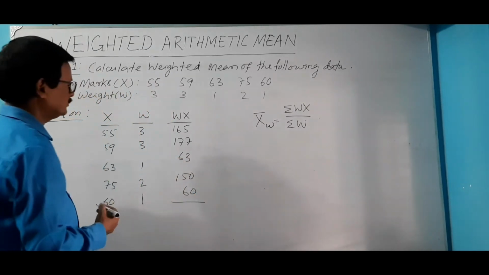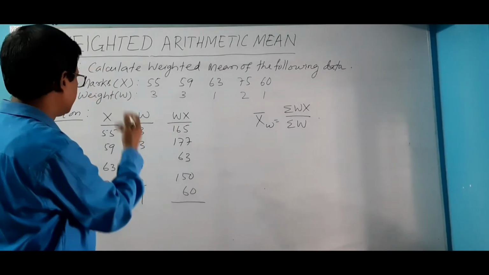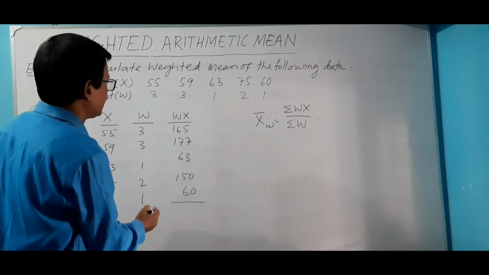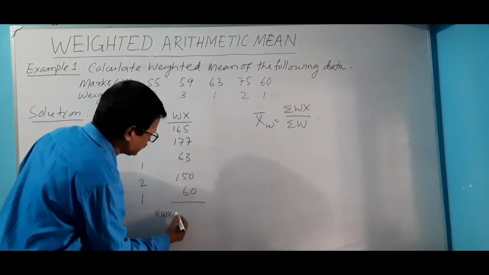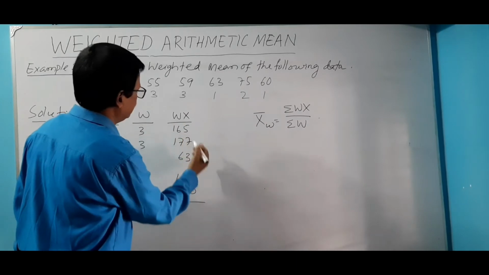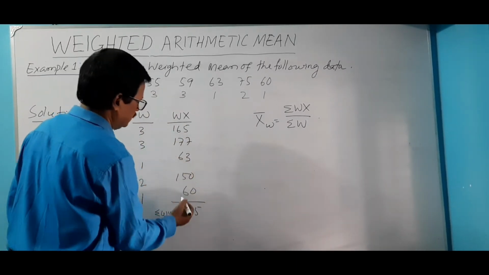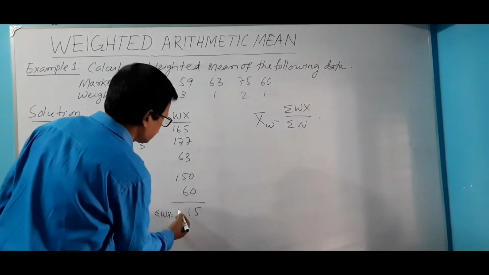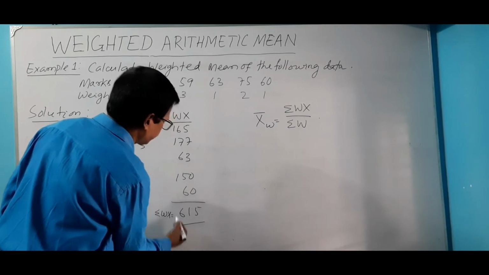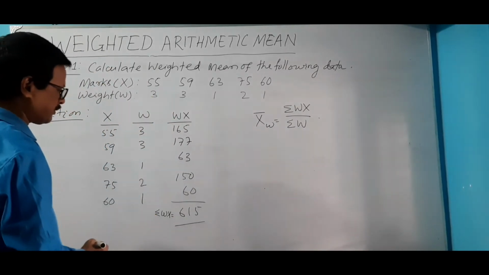Add them: 165, 177, 63, 150, 60, to get summation Wx. Summation Wx is equal to 615.